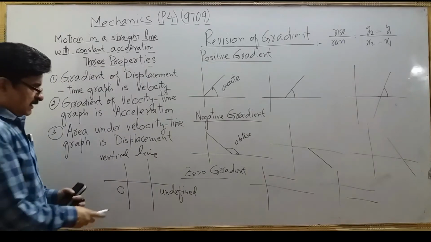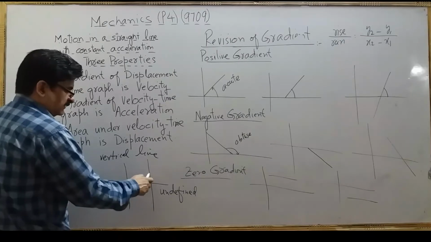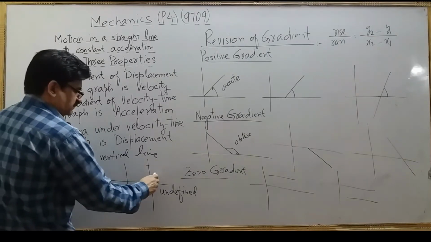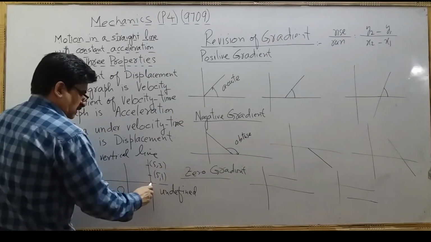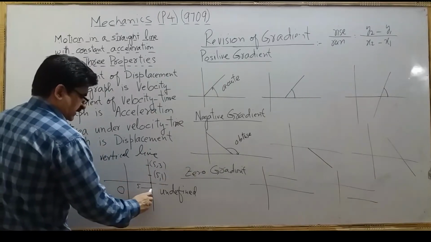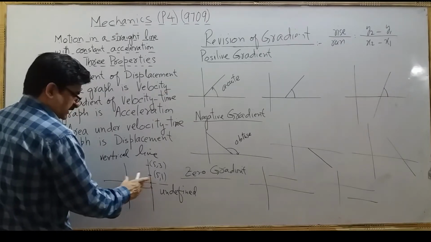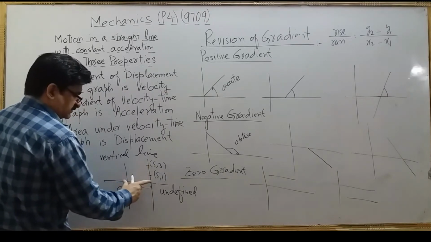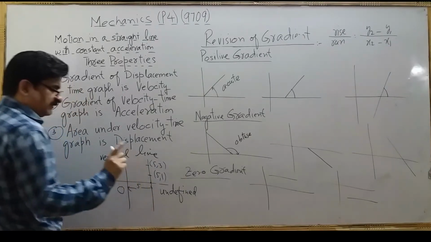Why? Because there is no change in x. So change in x is 0. If you take any 2 points, for example this point is (5, 1) and this point is (5, 3), the x coordinate is the same, 5. You may also take points downward, the x coordinate will be 5.